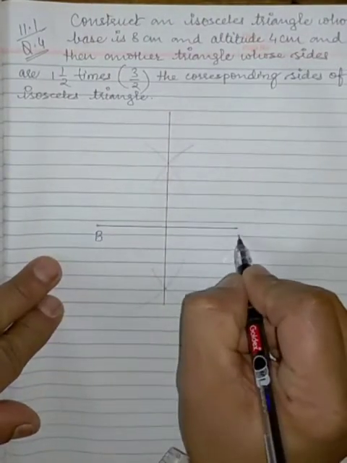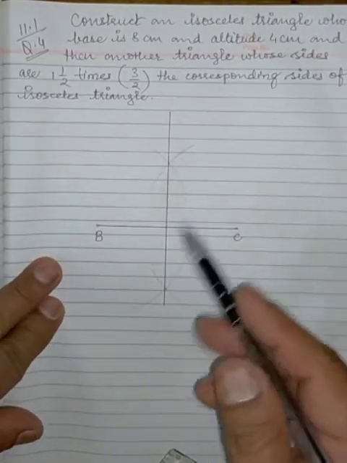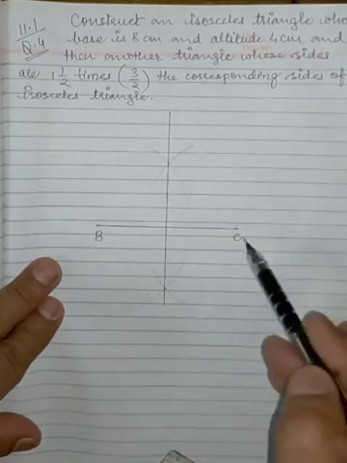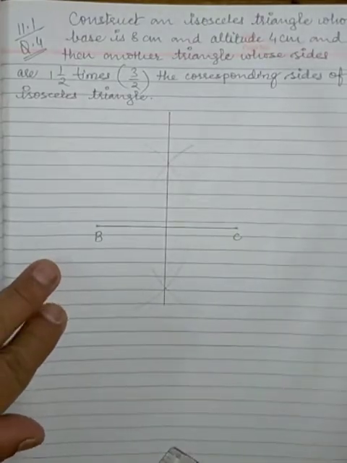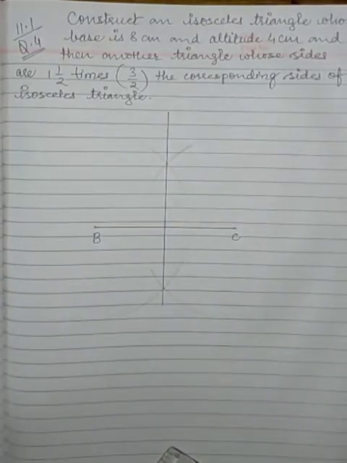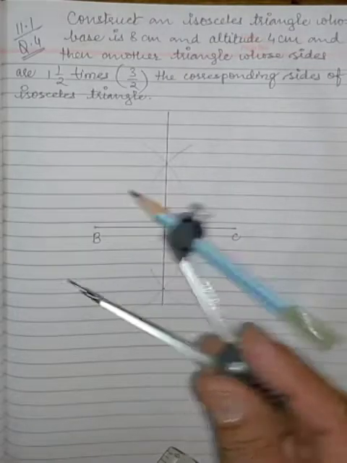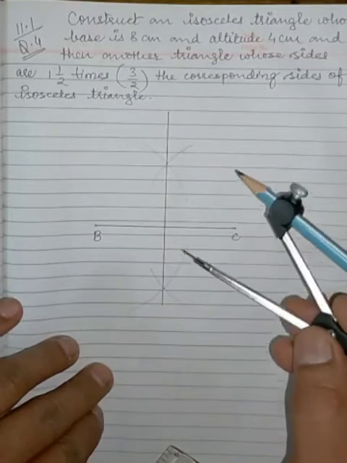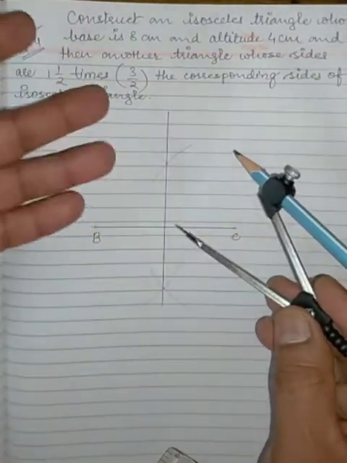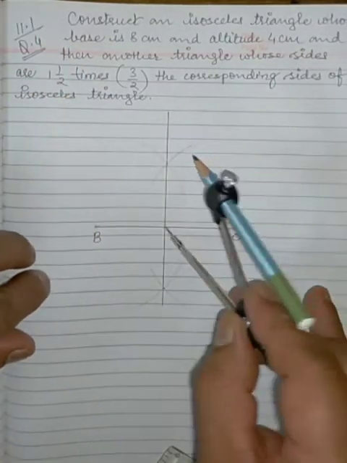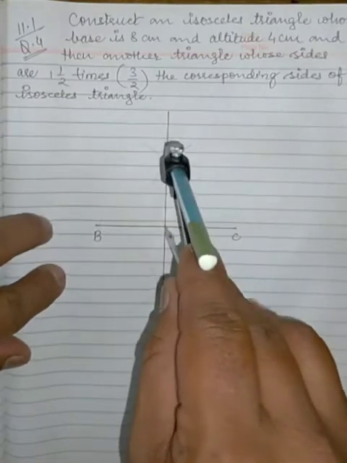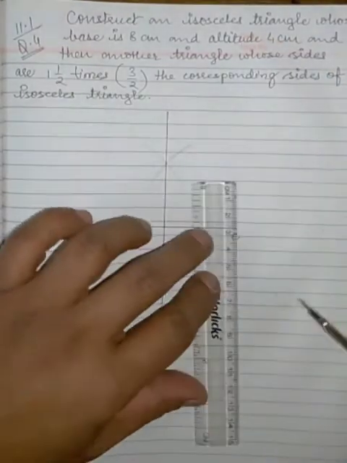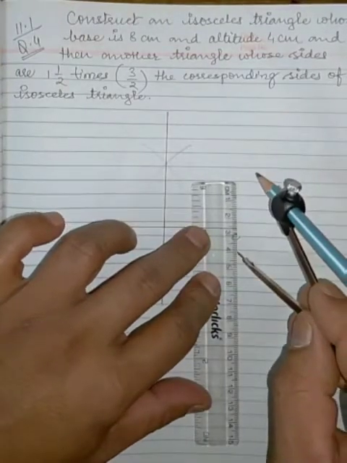I am giving this name BC, as the triangle which I have planned to construct is ABC. So BC is the base. Now, as we are given that the altitude is 4 cm, I am going to construct the altitude upward. Using the midpoint, I will draw an arc of 4 cm, which will be my altitude.